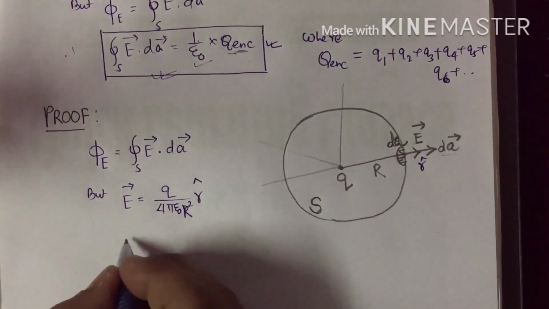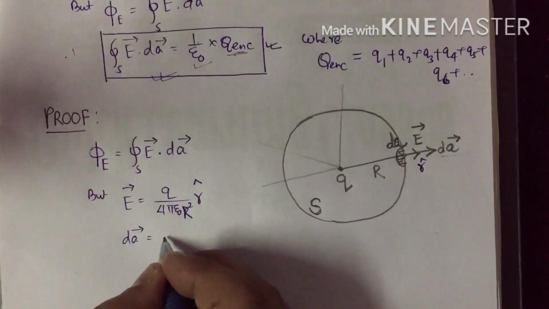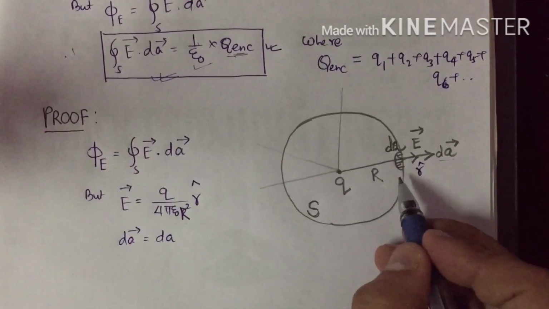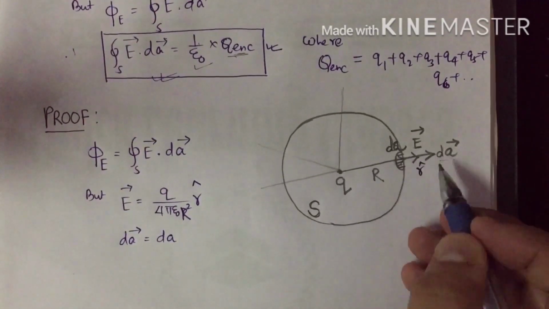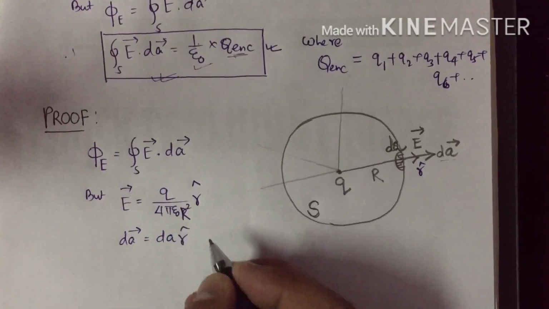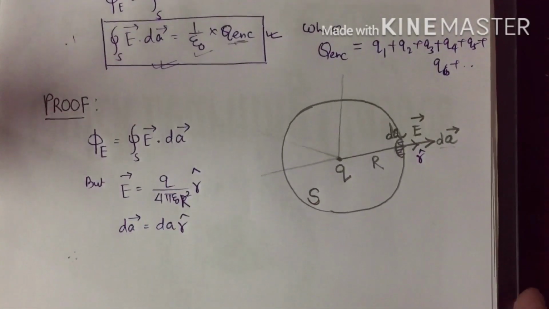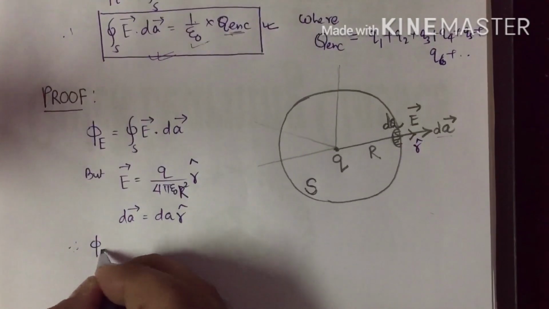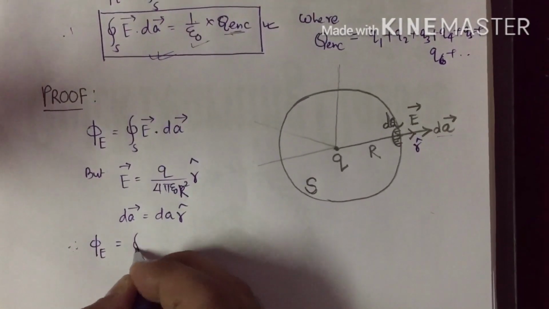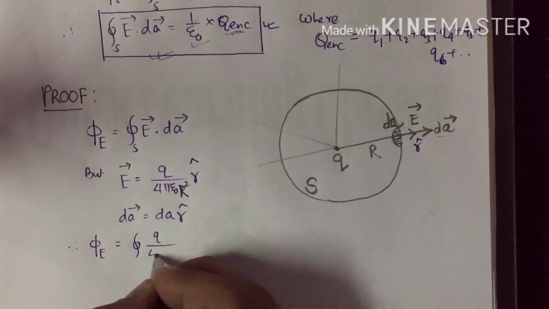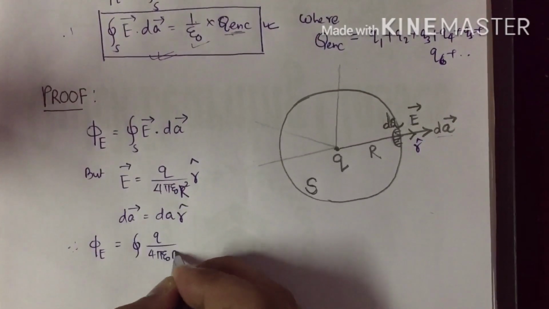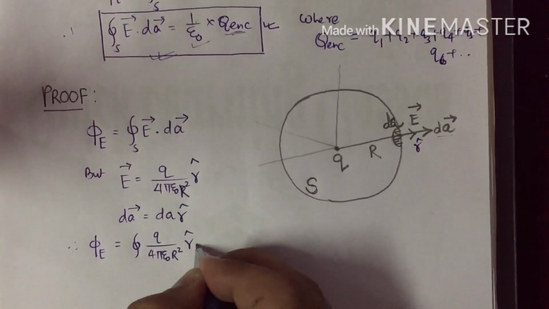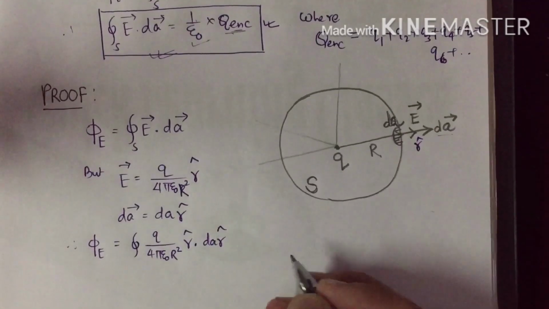And what is dA vector? It has a magnitude dA, and the area vector is along r cap, so it is again r cap. So therefore, the flux phi E is given as the closed surface integral of q divided by 4 pi epsilon naught R square into r cap dot dA into r cap.